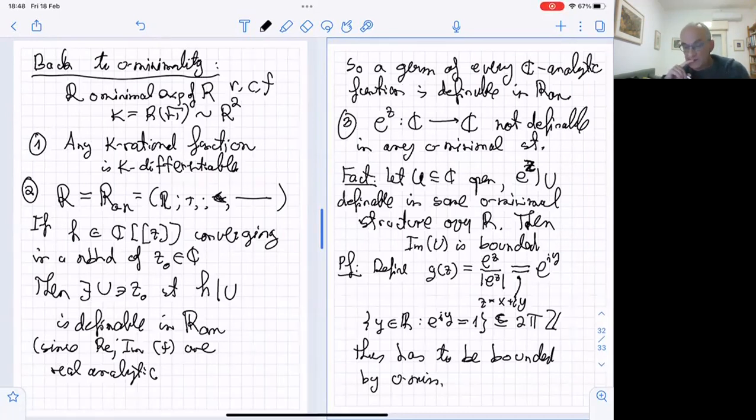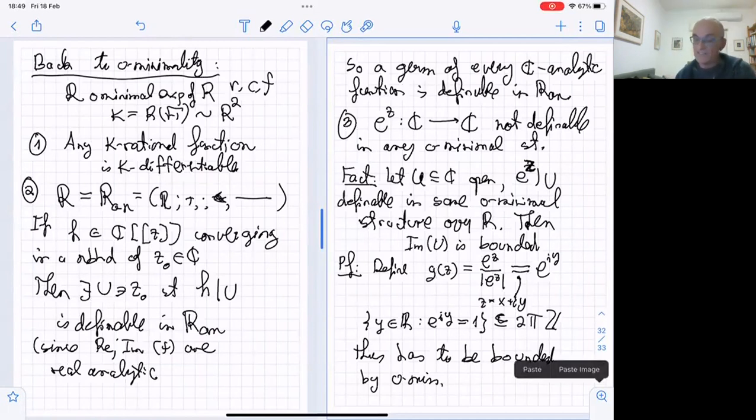So, sorry, this does not exactly prove it, right? Because we could have a priori, no, sorry, it's an infinite set, it is definable. But what bothers me is that we could have y going into the y-axis and not intersecting it. It just says that the intersection with the y-axis is bounded.